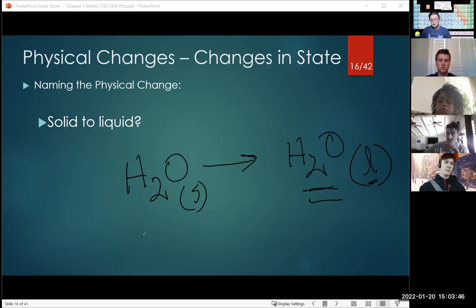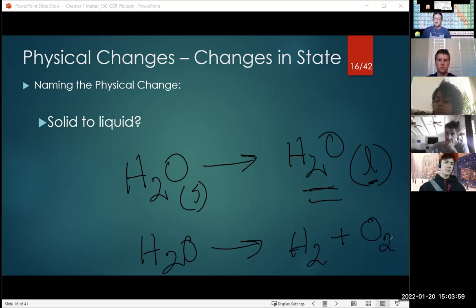But what can also happen is we can take H2O, hit it with some electricity, give it a lot of energy, and we can literally break it up to form two new species. We hit it with electricity, we undergo what we call electrolysis, and break it up into hydrogen gas and oxygen gas.